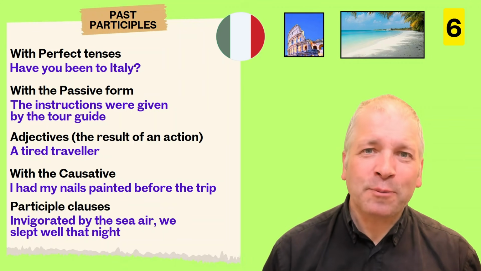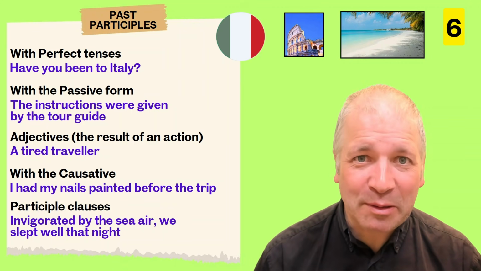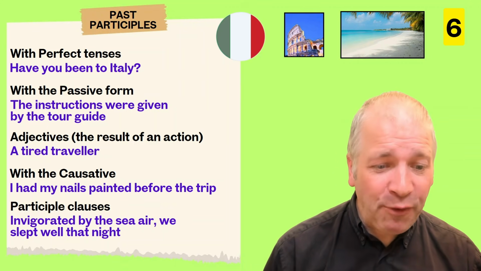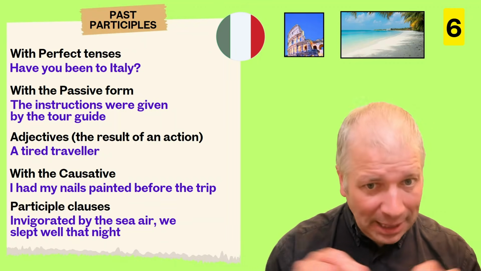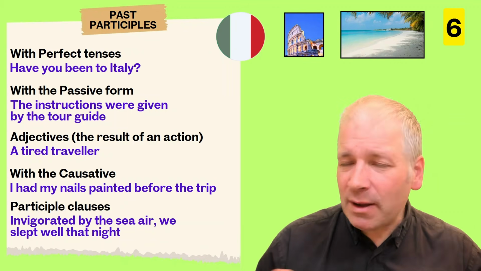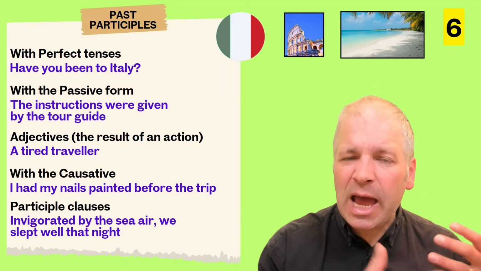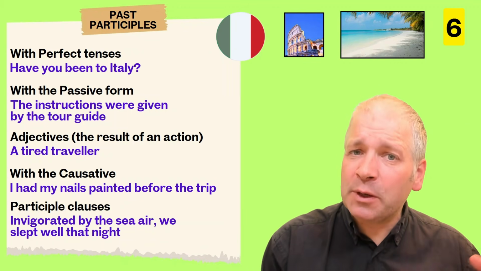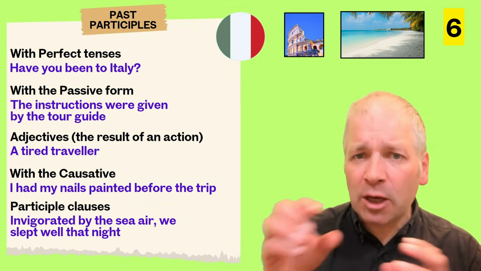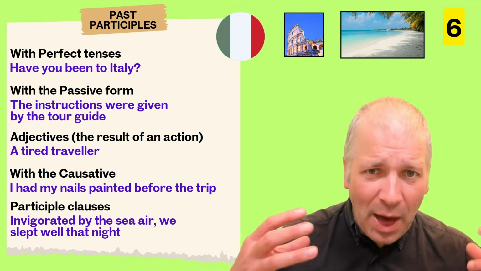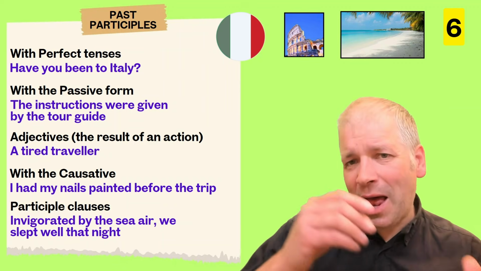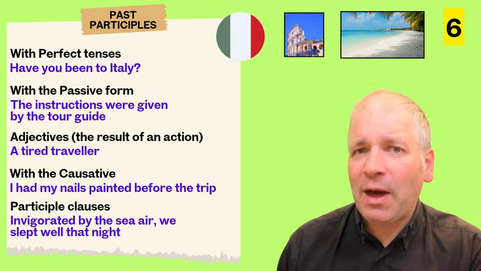And we use the past participle in participle clauses, such as the one here. Invigorated by the sea air, we slept well that night. So the main clause is we slept well that night. That's the sentence, but we add this extra bit of information that explains how we got to that position. Invigorated by the sea air. That is what happened first, and that led them to sleeping well that night.